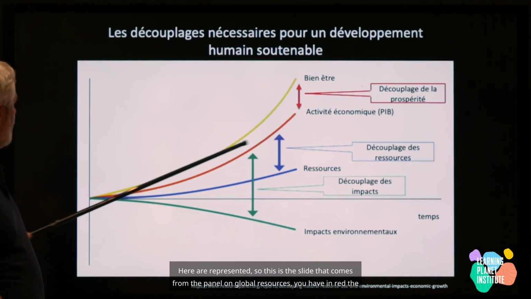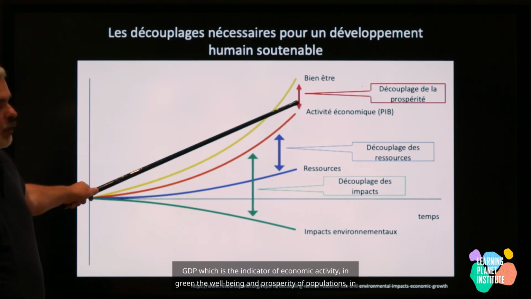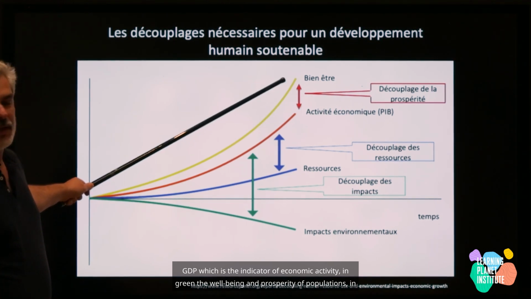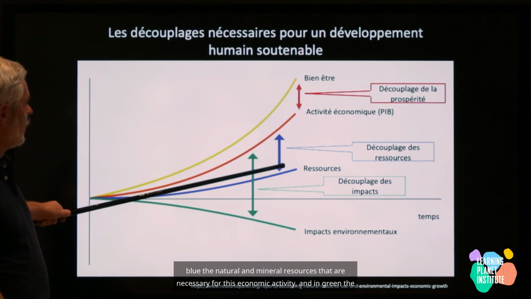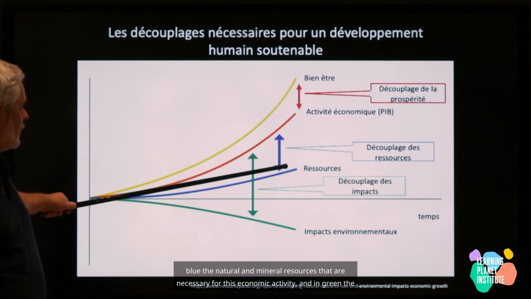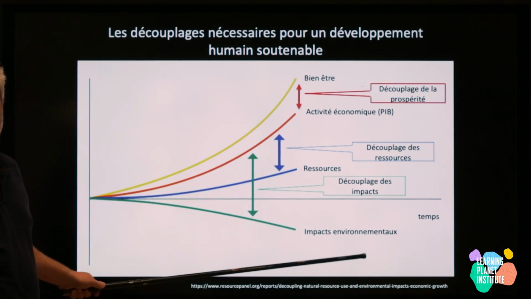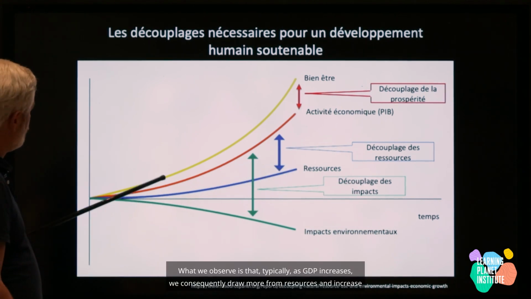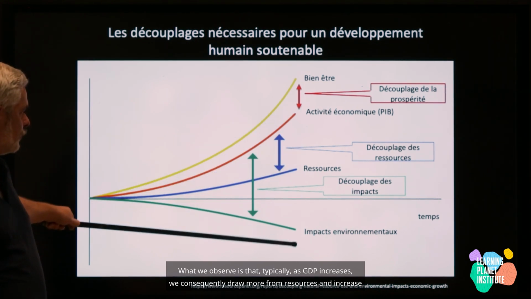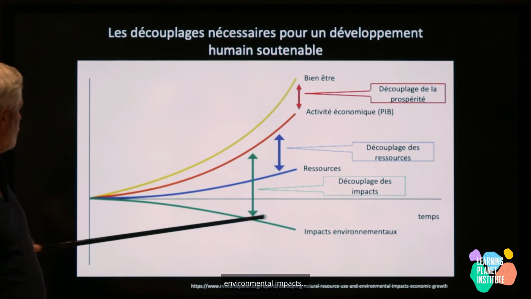You have in red the GDP, which is the indicator of economic activity. In green, the well-being and prosperity of populations, in blue the natural and mineral resources that are necessary for this economic activity, and in green the environmental impacts. What we observe is that typically as GDP increases, we consequently draw more from resources and increase environmental impacts.